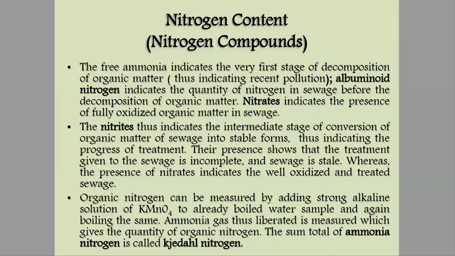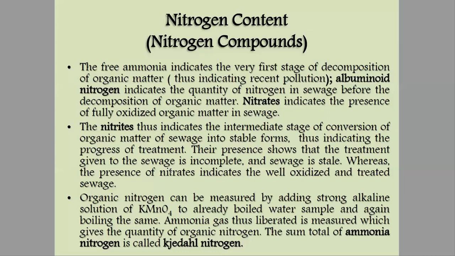Now organic nitrogen can be measured by adding a strong alkaline solution of KMnO4. How will we measure organic nitrogen? We can measure it with the help of a strong alkaline solution of KMnO4, that is potassium permanganate.